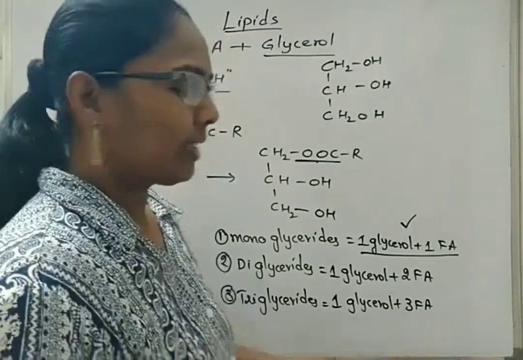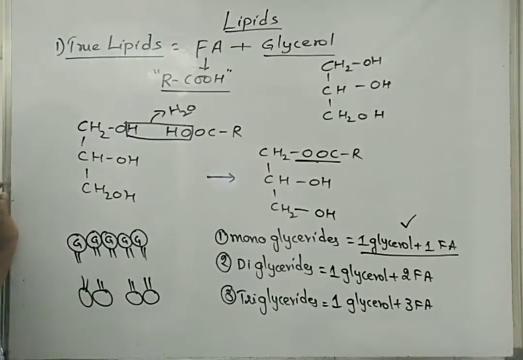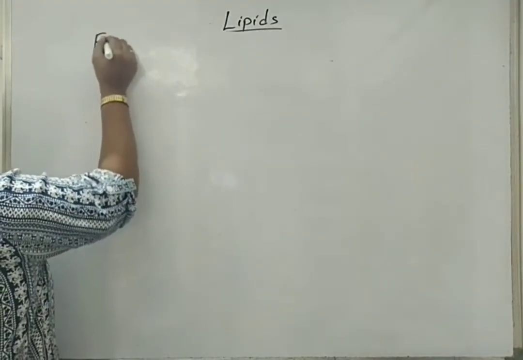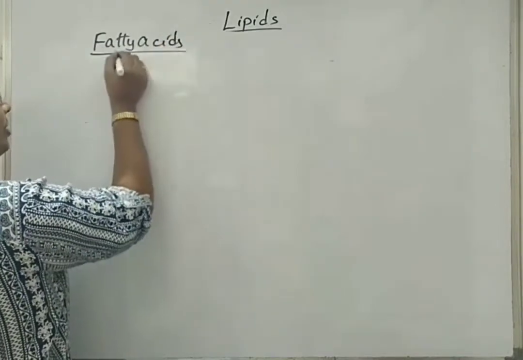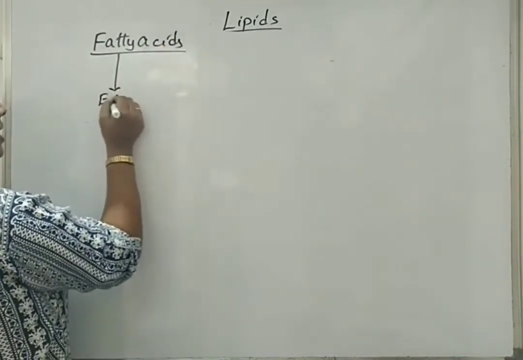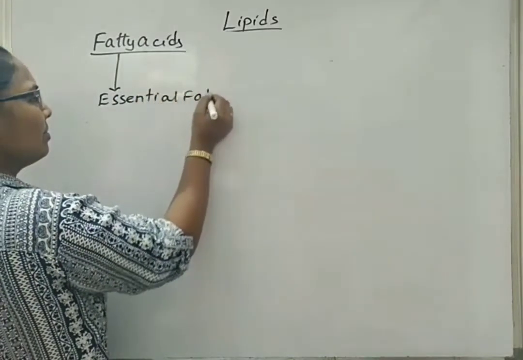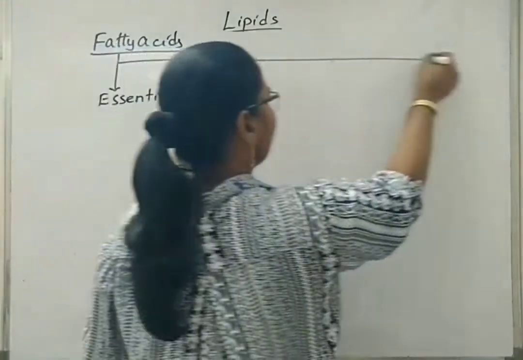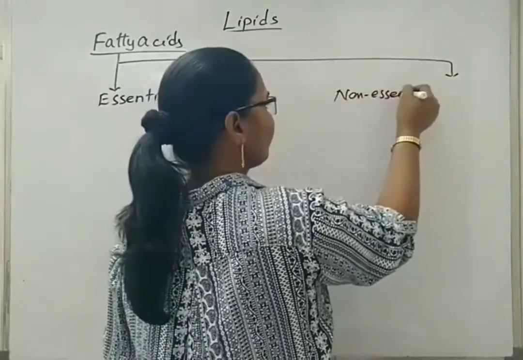So, basing on the types of fatty acids, they are again classified into essential fatty acids and non-essential. Likewise here, fatty acids are classified into essential fatty acids, next, non-essential fatty acids.